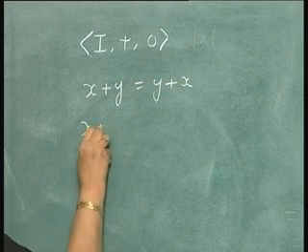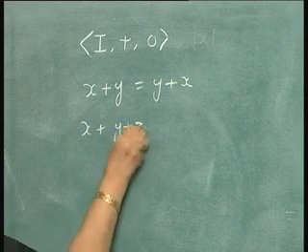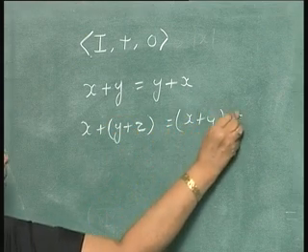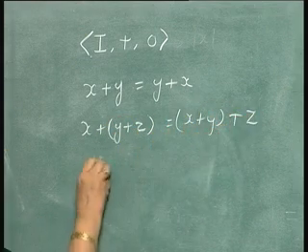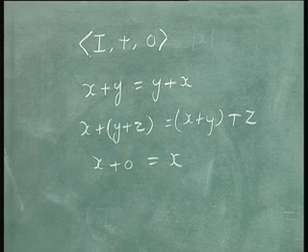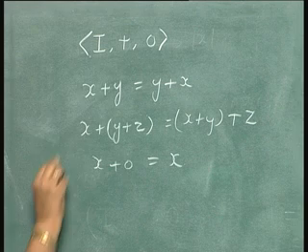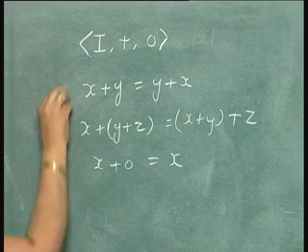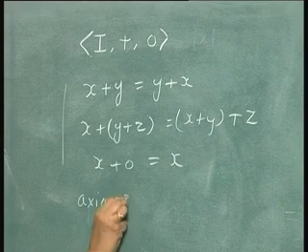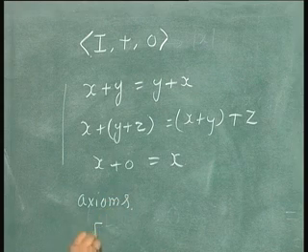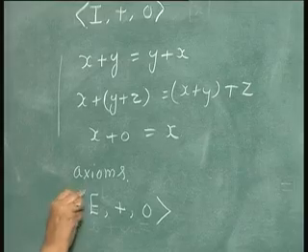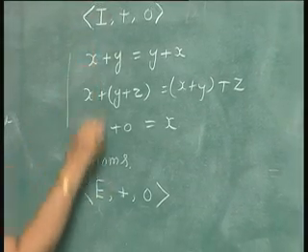It will obey the associative law, (x plus y) plus z equals x plus (y plus z), and x plus 0 equals x. These are some of the rules obeyed by this, and these are called the axioms. Now, consider the set of even integers, plus and 0, both have the same signature.